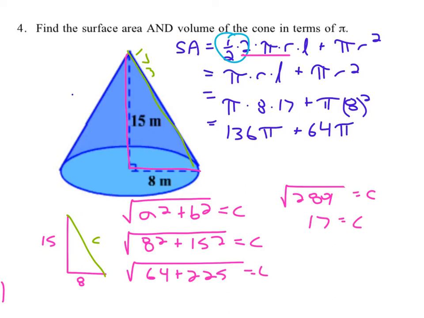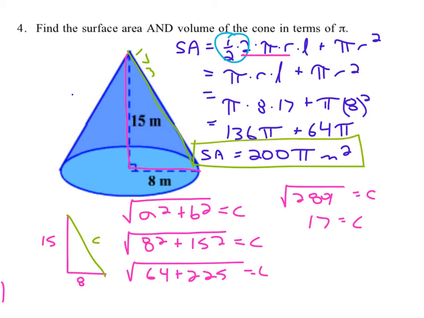And when you add those together, you get the surface area equal to 200 pi. And since it's area, it is meters squared. And that is the surface area of this cone.